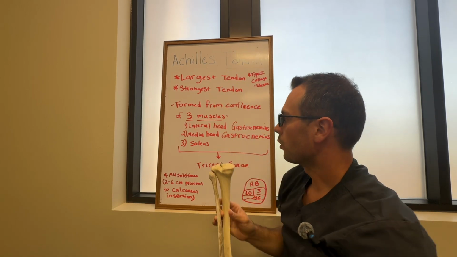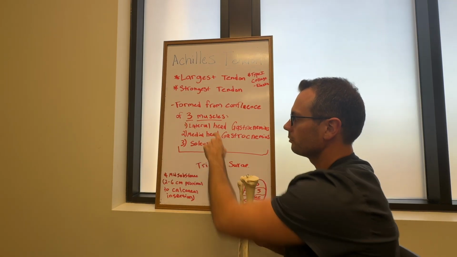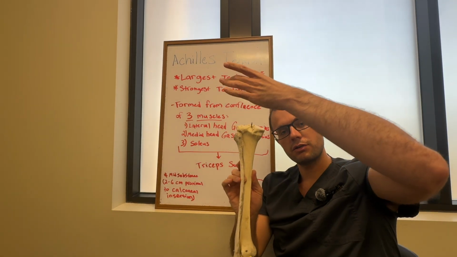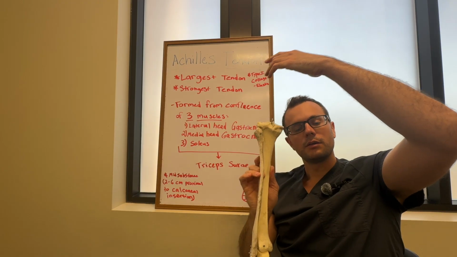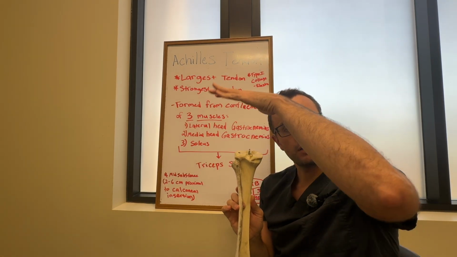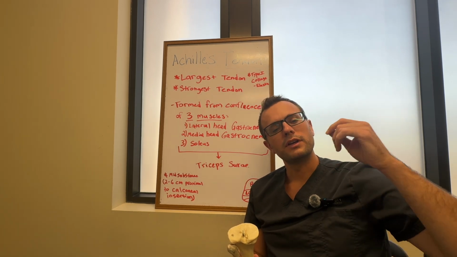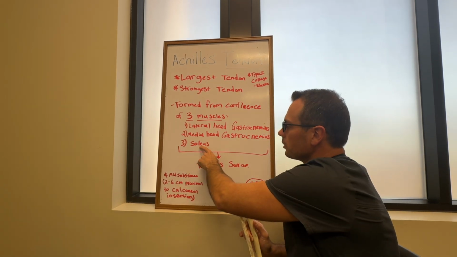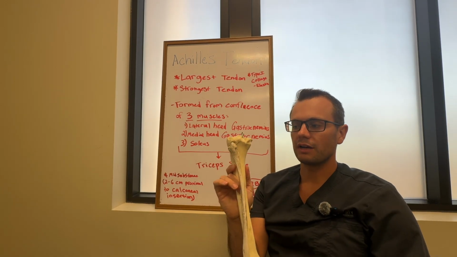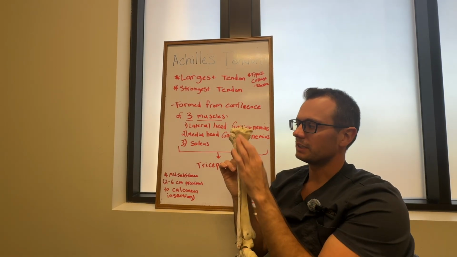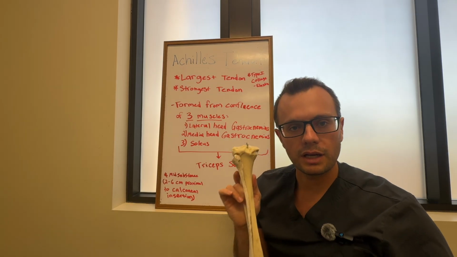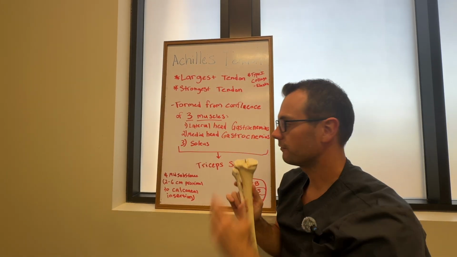And important things to understand. The lateral and medial head of the gastrocnemius are going to insert on the lateral and medial femoral condyles up above. And I said insert, but really we mean more of an origin of that muscle. And so the soleus as well is going to have an origin up towards the top, right along the soleal line on the tibia as well as portions of the fibula.